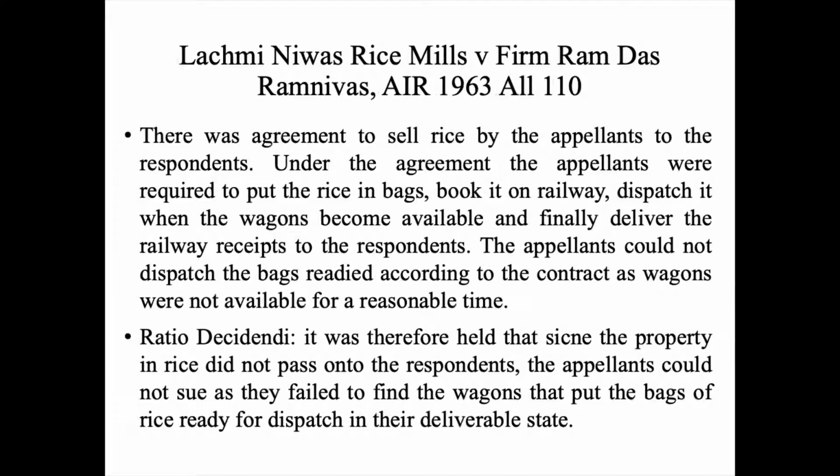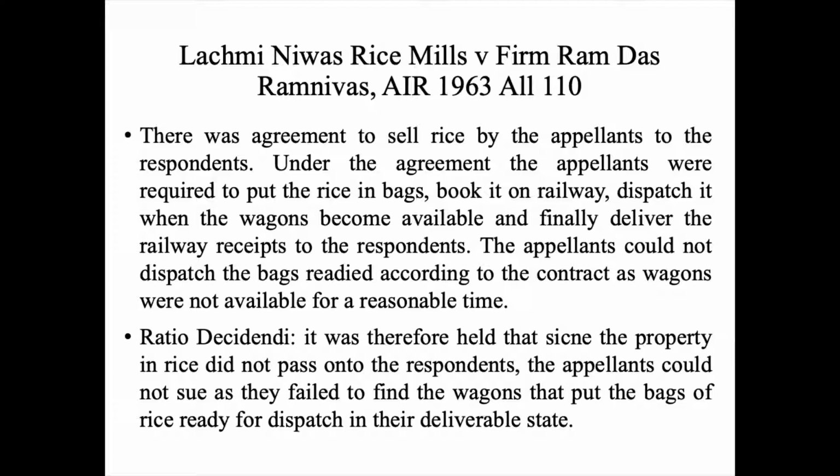Now, Lachmi Niwas Rice Mills versus Firm Ramdas and Ramnivas. There was an agreement to sell rice by the appellants to the respondents. Under the agreement, the appellants were required to put the rice in bags and book it on a railway, dispatch it when the wagons became available, and finally deliver the railway receipts to the respondents.